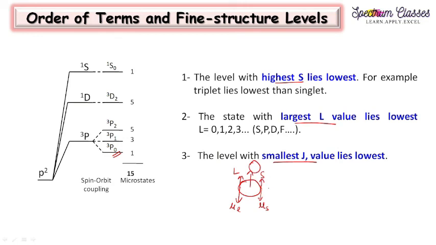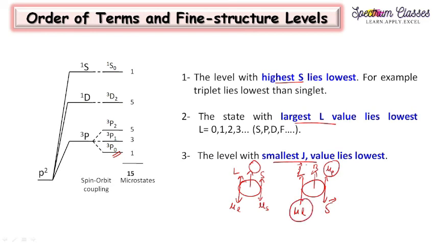If we are having the other case, where this is the B, this is the L, and this is the mu L, and here is the mu S, and here is the S, vector S, then their mu values are in opposite directions and they couple together favorably.